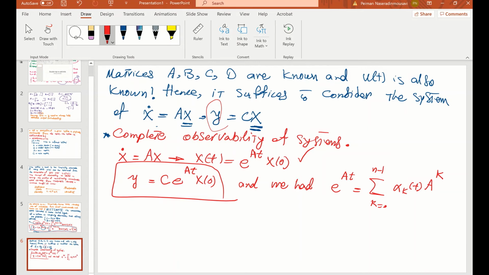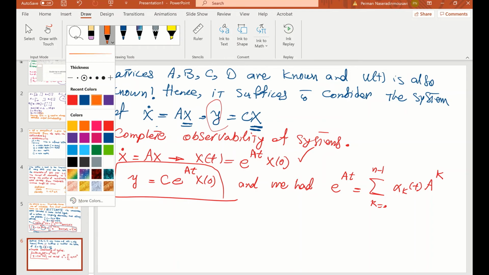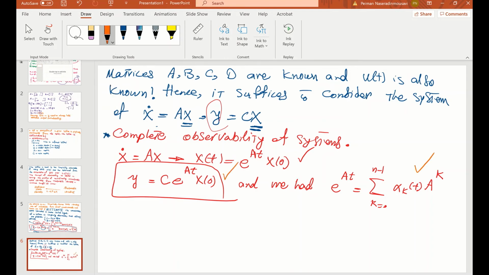So by replacing this here, we derived this together. You have it in notes. y is equal to the sum of k from 0 to n minus 1 of alpha k of t, C, we are just replacing here, C A to the k, x at time 0.